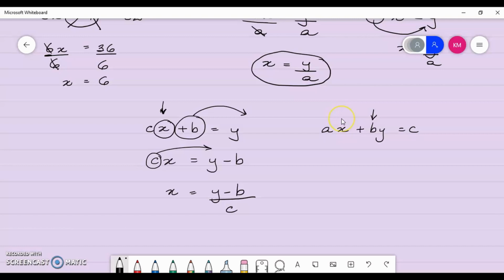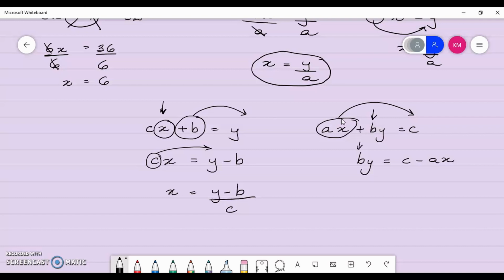The last thing that I said was plus ax, so I'm going to get rid of that first. It's going to be carried across there. Remember, it was added to by, so here I'm going to be left with by, and ax is going to go across to be take away. Remember, ax was added to by, so it's going to go across to be take away ax.